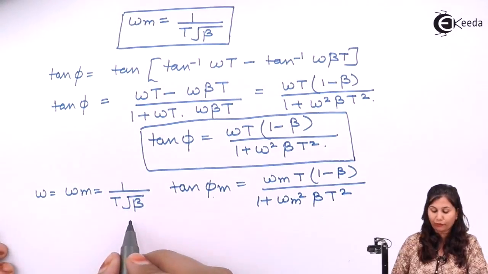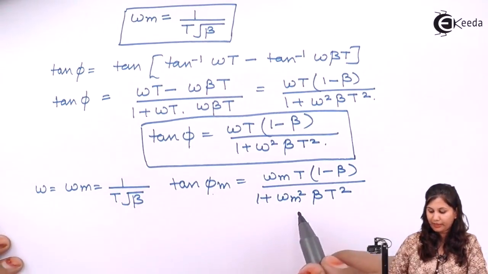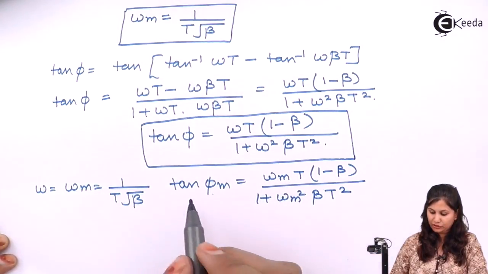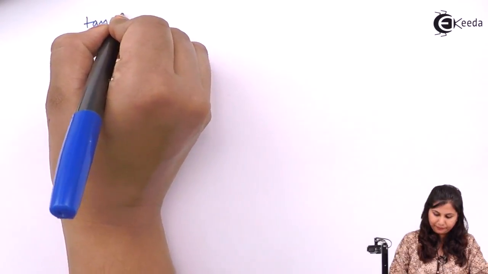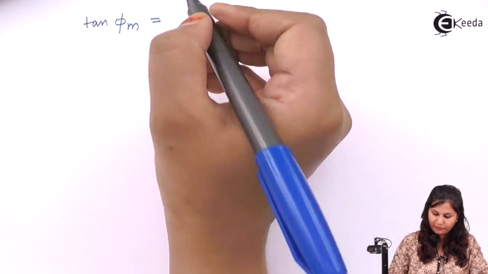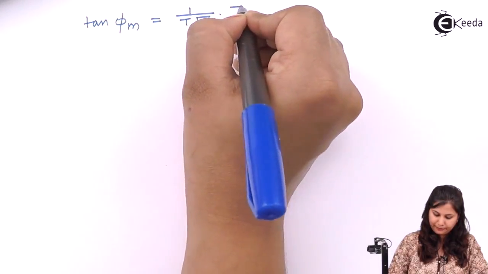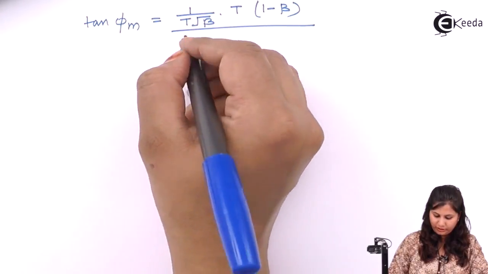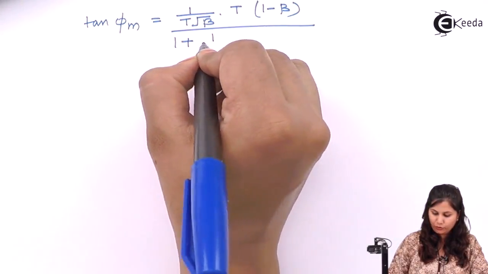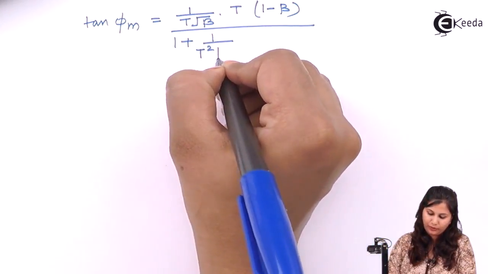Now we have the value of omega m as 1 upon t root beta. So substitute the value of omega m in this equation and let's calculate tan phi m. We have omega m 1 upon t root beta multiplied with t 1 minus beta upon, here we have 1 plus square of omega m, so it will become 1 upon t square beta.